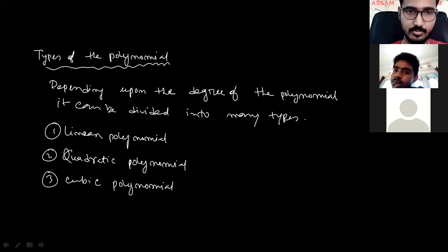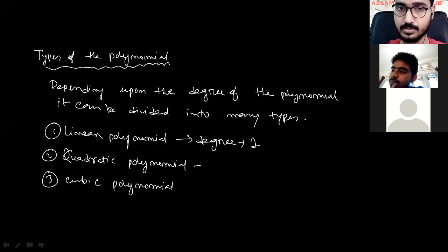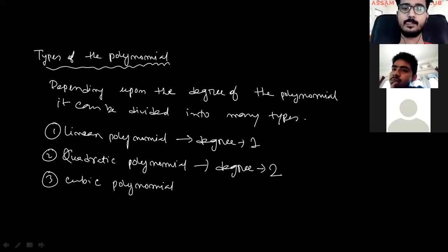Linear polynomial means, when the degree is 1, it is known as linear, like a linear equation. If the degree of a polynomial is 2, then it is known as a quadratic polynomial. And if the degree is 3, then it is known as a cubic polynomial.